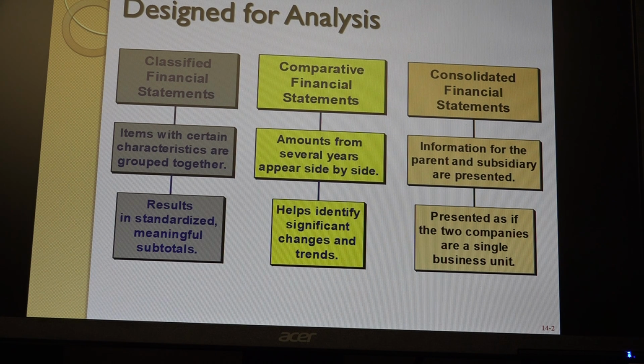So they bunch groups of numbers, groups of accounts by classification, by characteristics. And so, for instance, in your balance sheet, you're going to have current assets bunched together and then long-term assets bunched together.